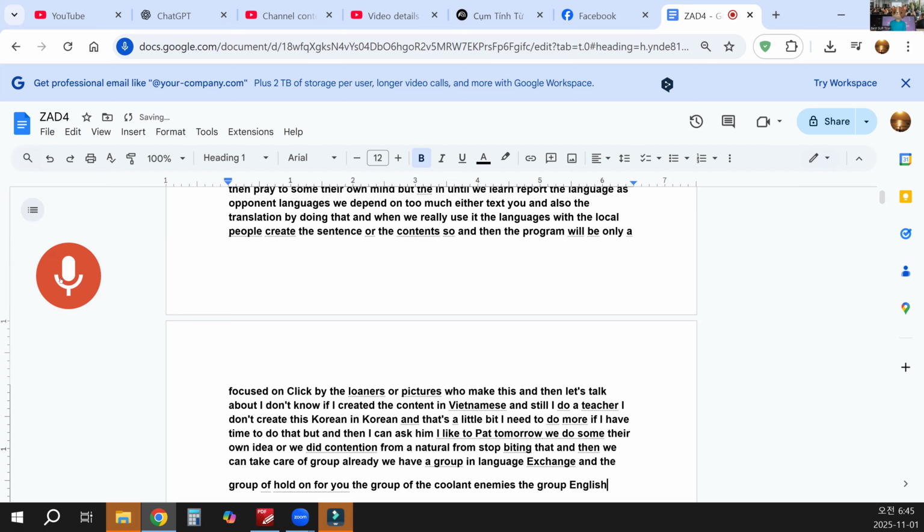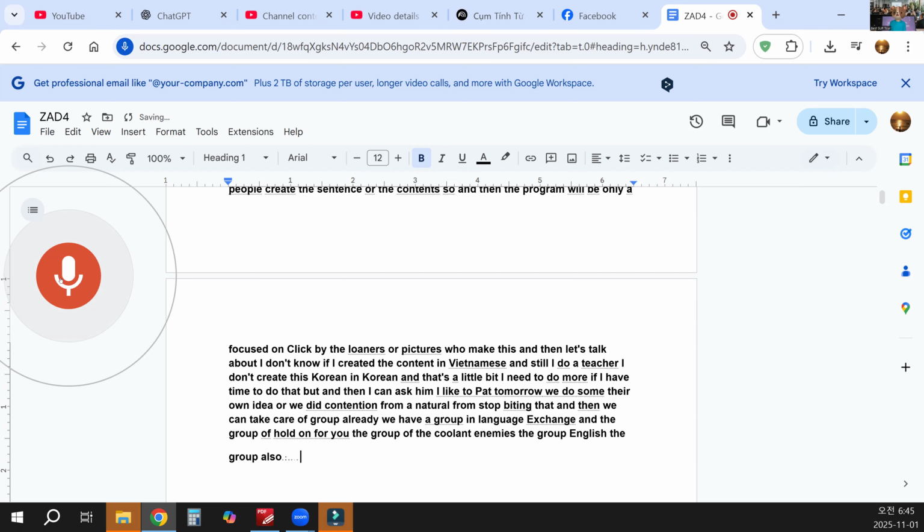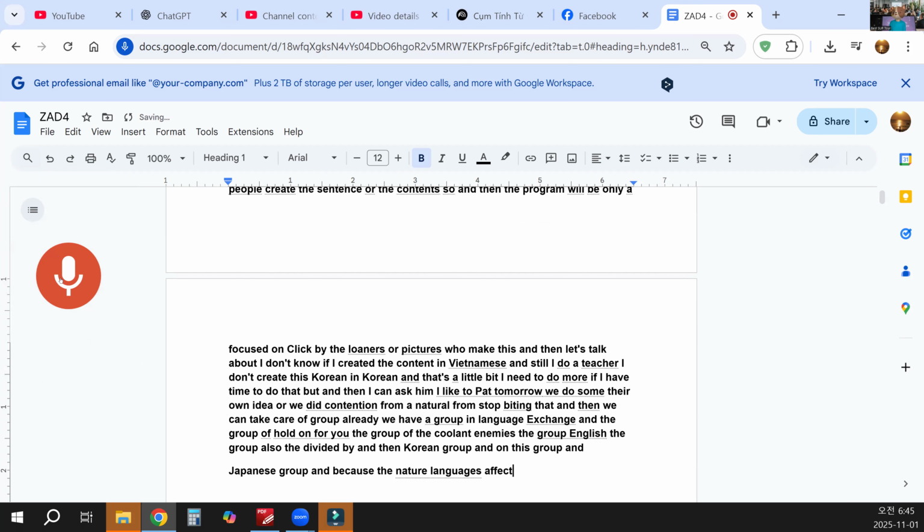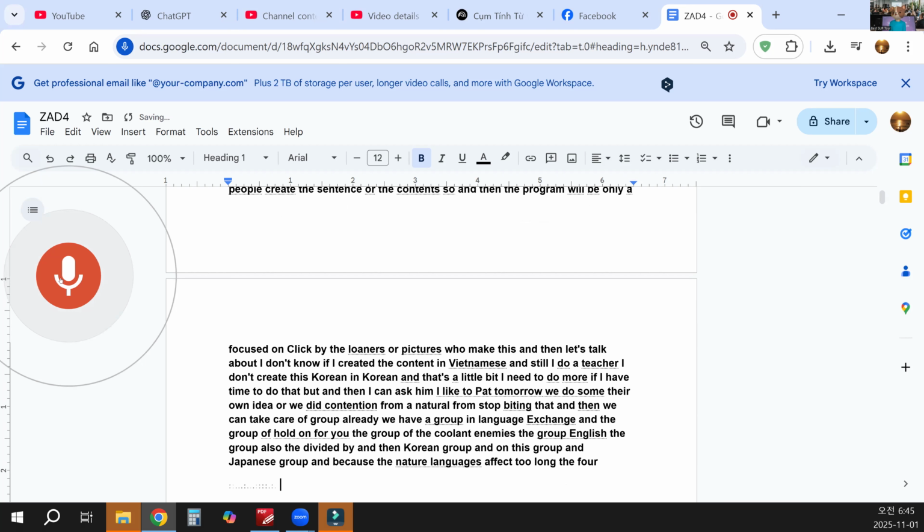The group is also divided into a Korean group, a Vietnamese group, and a Japanese group, because the native language affects how we learn foreign languages, since each language is different.